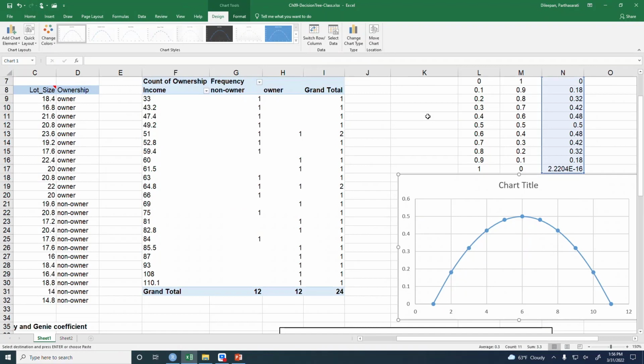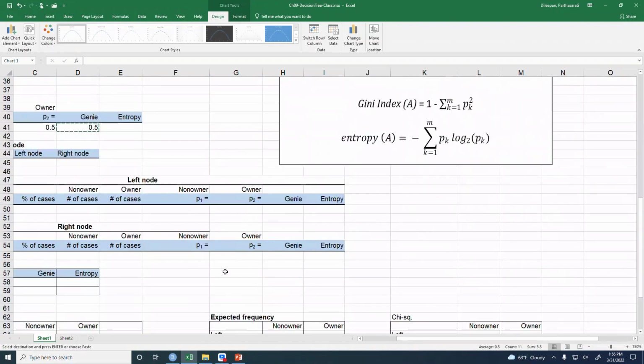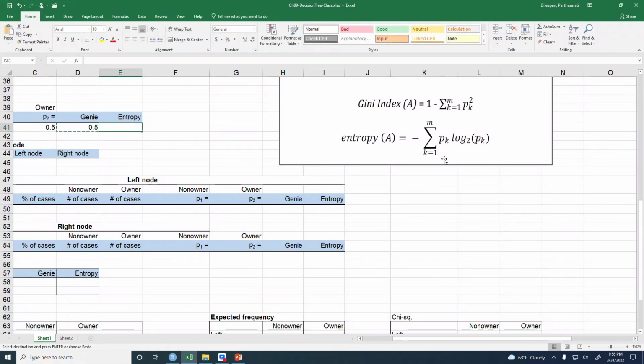The same is true with entropy. Entropy is loosely translated as confusion, in other words, how impure it is. Entropy is a measure of impurity.